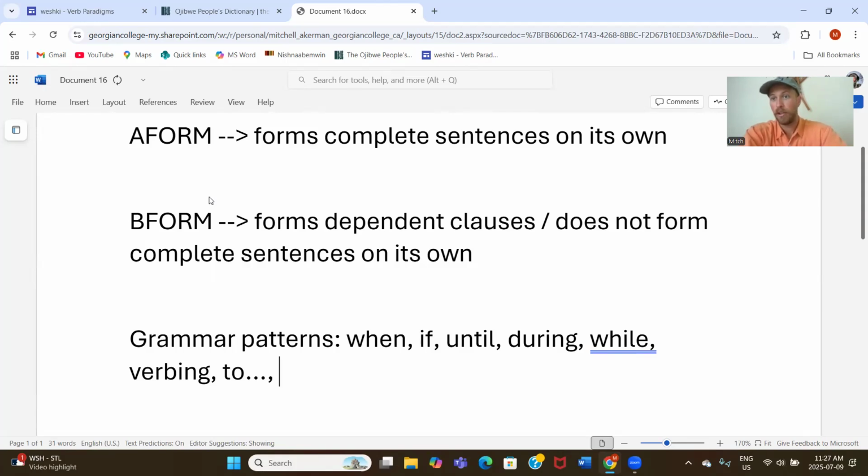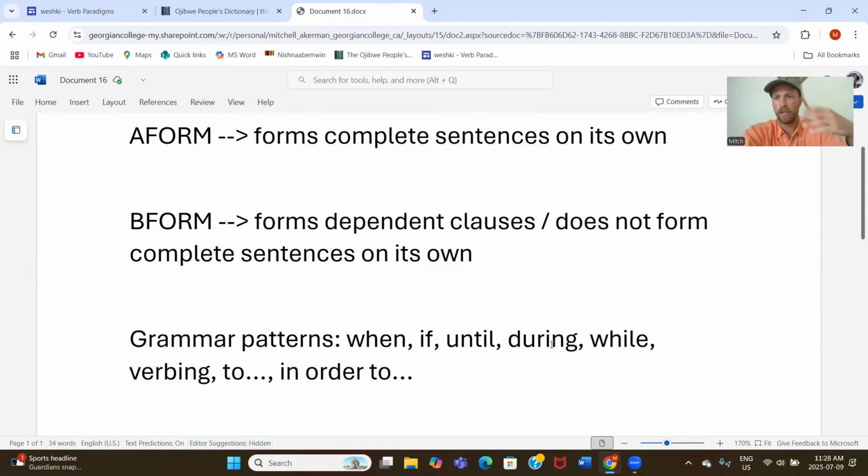So I am learning to speak Ojibwe. Well, to speak Ojibwe, dot, dot, dot, is a dependent clause. It's in B form for sure. And same with like in order to and things like that, right? Like I am getting ready in order to leave. That type of thing absolutely is going to be in B form.